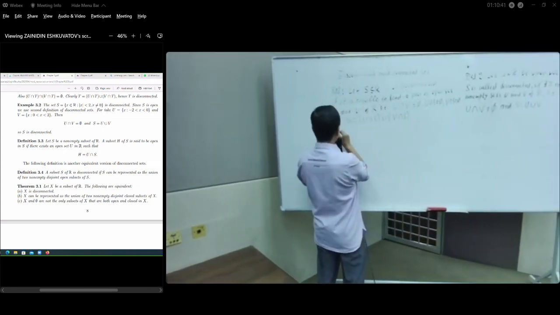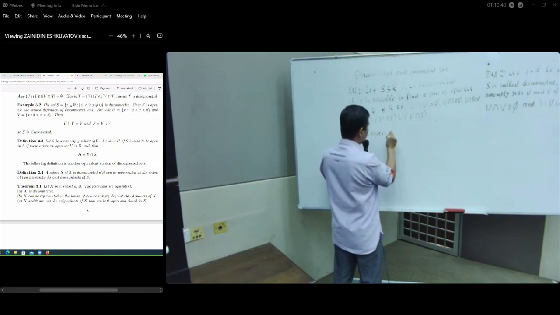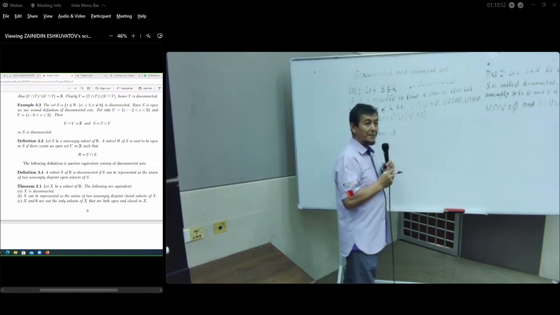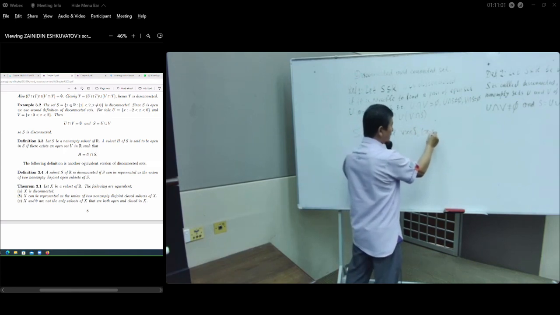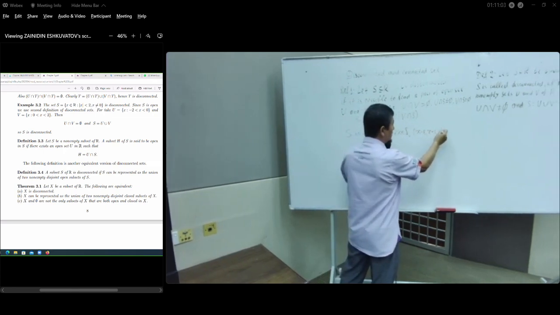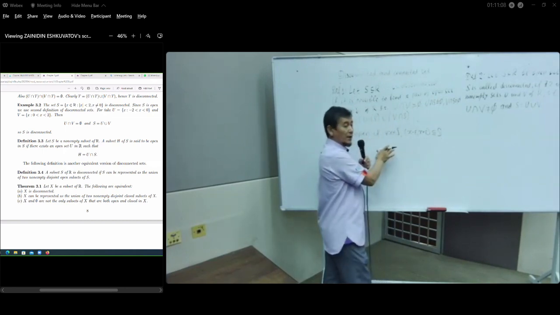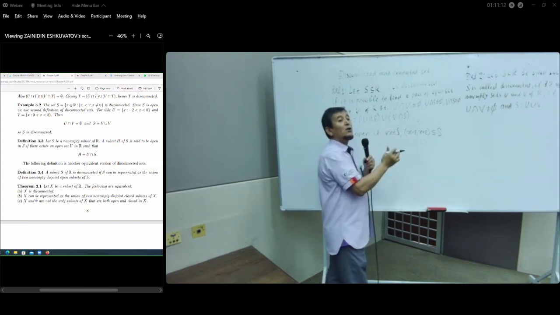Any set S is open if every element x in S, with its epsilon neighborhood, belongs to S. In other words, every point in S is an interior point.